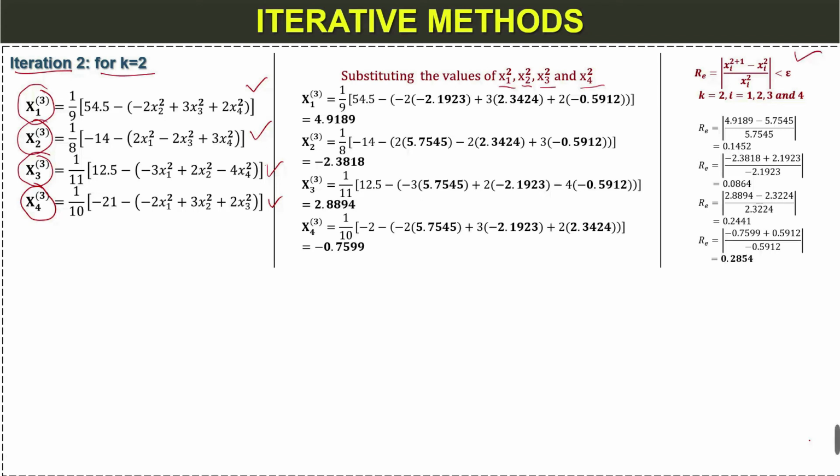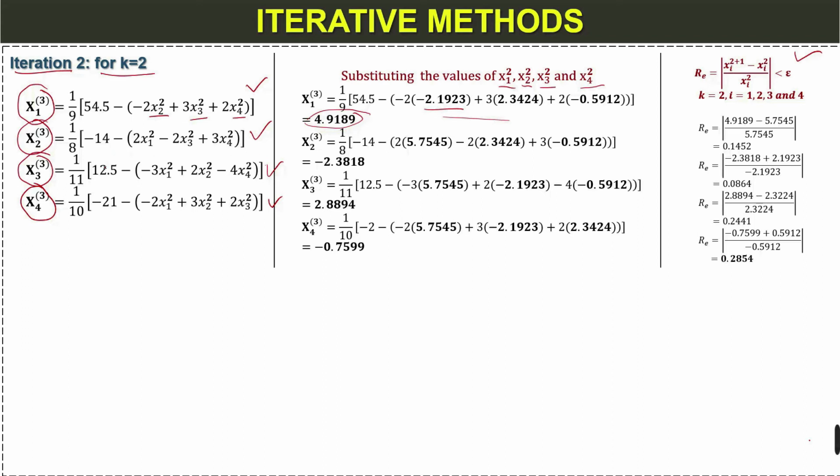We can see that after substituting the new estimated solution x22, x23, and x24 in this equation, we get the new estimated solution x31, like this one, 4.9189.